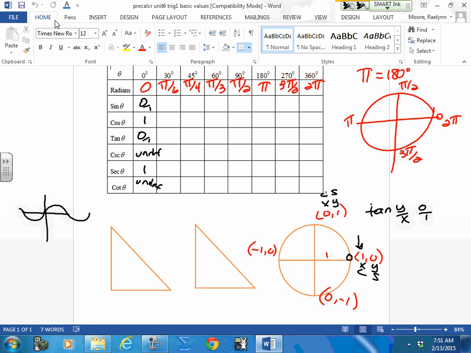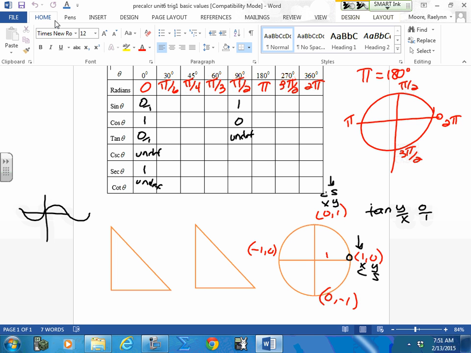So at the 90, what's the sine at 90? 1. If you don't see it, stop me. Sine right here. What's the cosine? 0. Good. Now tangent is y over x. 1 over 0. Undefined. Cosecant. 1 over 1.